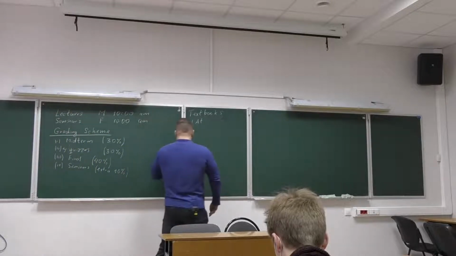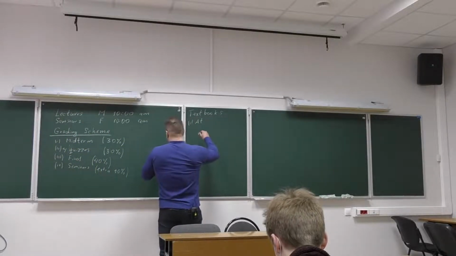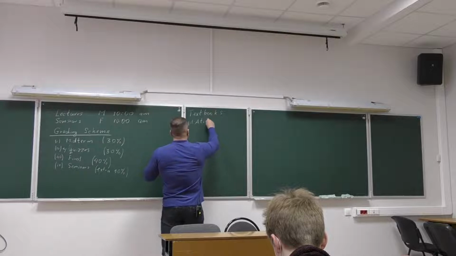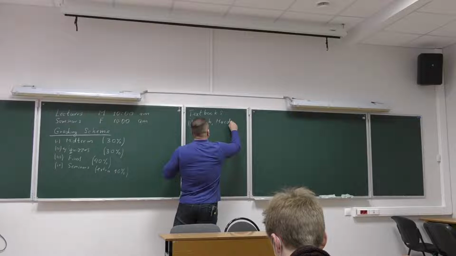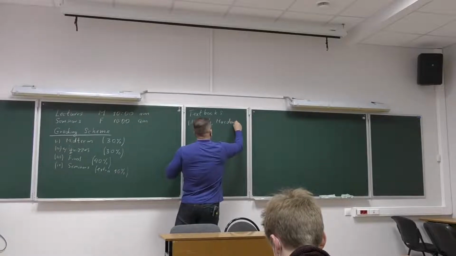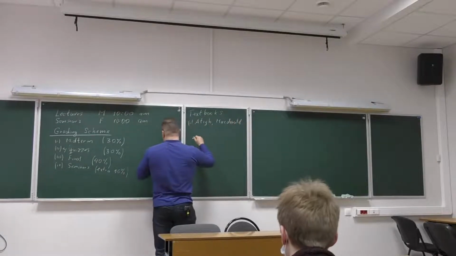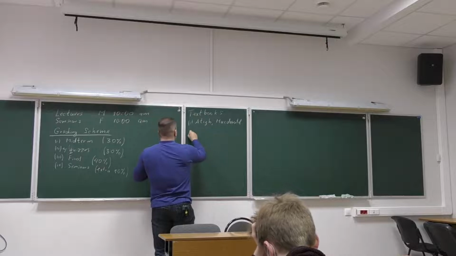Now I want to recommend several textbooks. So of course the classical introductory textbook on commutative algebra is Atiyah-MacDonald. I start with this book. This is called Introduction to Commutative Algebra.